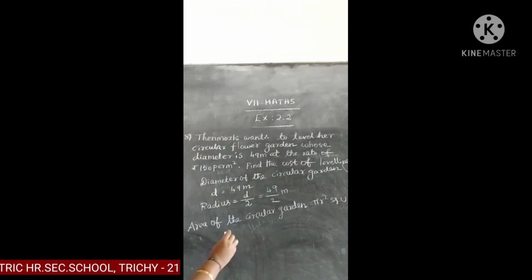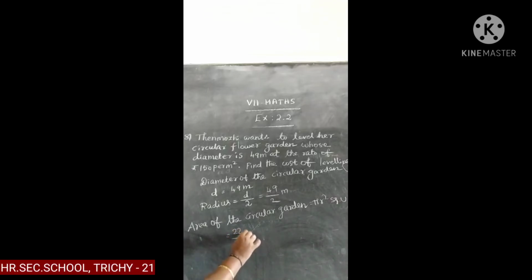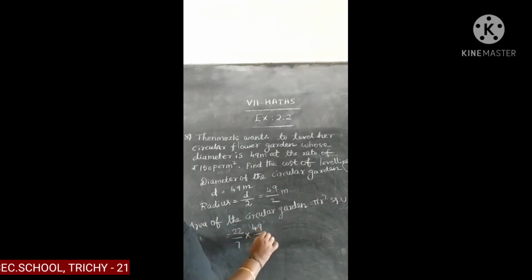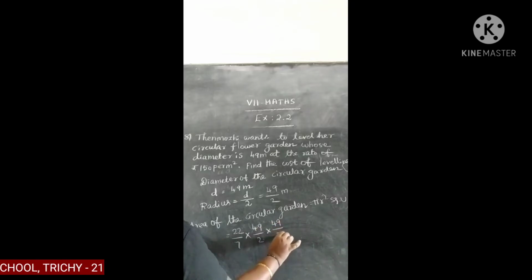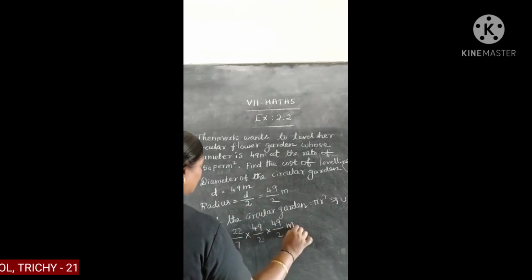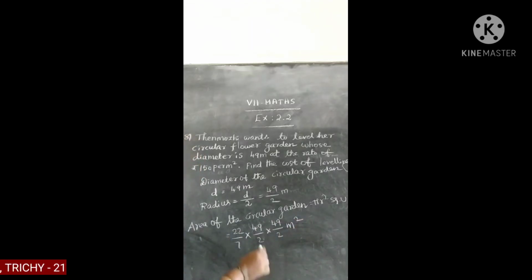So that is 22 divided by 7 multiplied with 49 divided by 2 multiplied with 49 divided by 2 meters square. So we simplify this one.